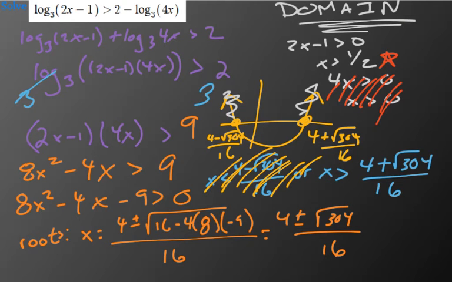This is a problem that reduces to just that. And 4 plus the square root of 304, divided by 16, is definitely bigger than a half. So you can check it if you want, but it is bigger than a half. So everything in there will solve the inequality.